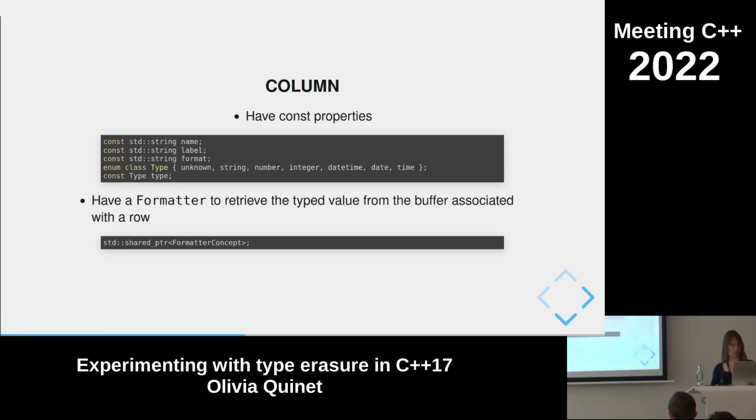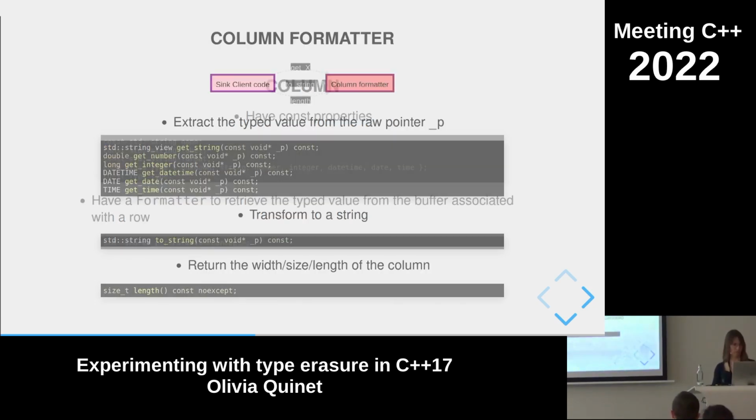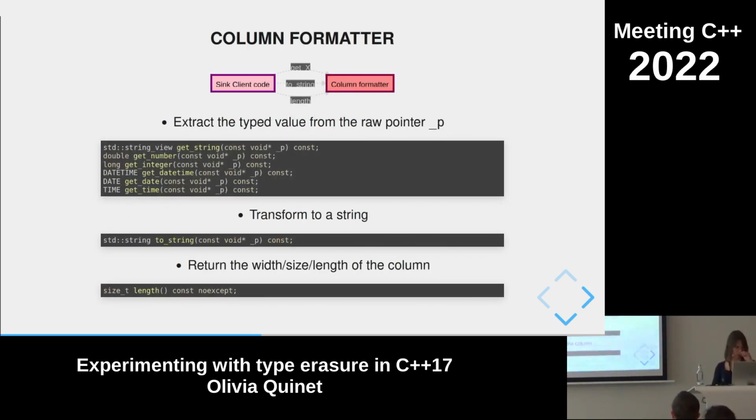And so a column has a formatter. Again, I use the type erasure concept for the formatter, which helps format, in fact, the raw memory to the final type that you want. So that's the column formatter.